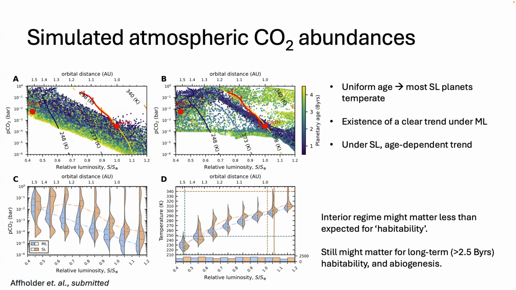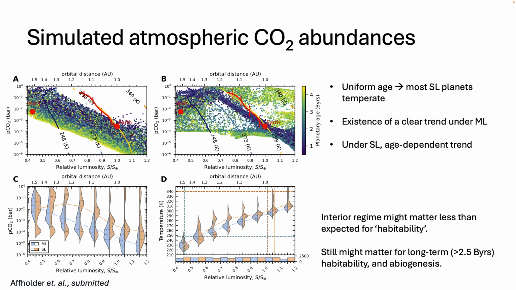Interestingly, if you make the thought experiment that you sample terrestrial exoplanets in the habitable zone of sun-like stars with uniform age, whichever interior convection regime is most frequent might not matter as much for the frequency of temperate planets that we expect. However, it still matters for considering the long-term habitability and the billion-year scale evolution of these planets.